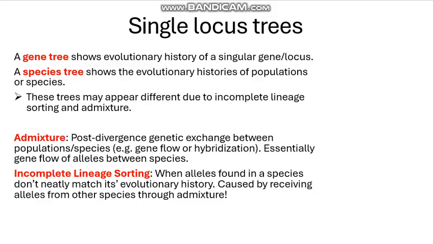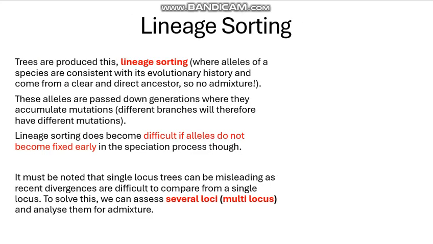And then incomplete lineage sorting is where we're not really able to categorize the descent of certain organisms because their gene tree doesn't match their species tree, because they've received genes from other species, which has kind of thrown us off. And they've received these genes through admixture.